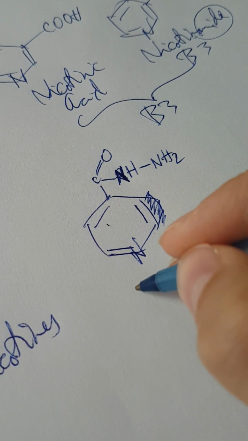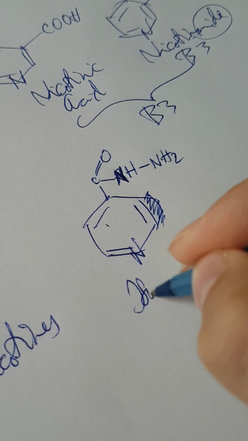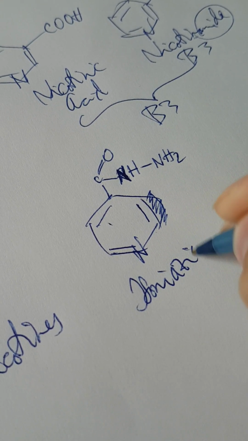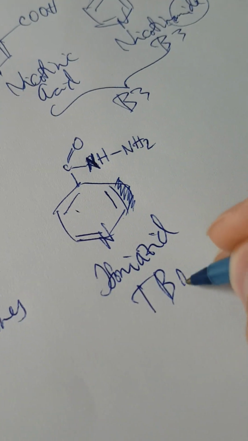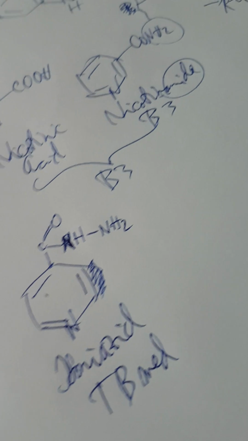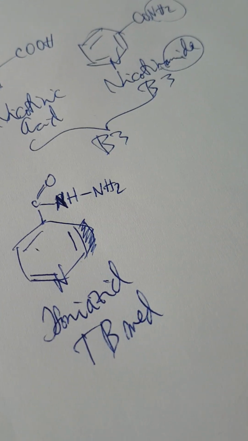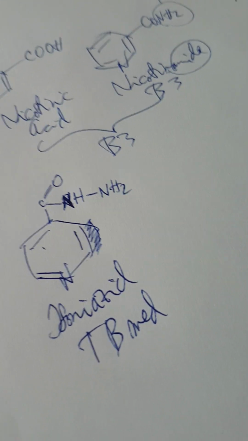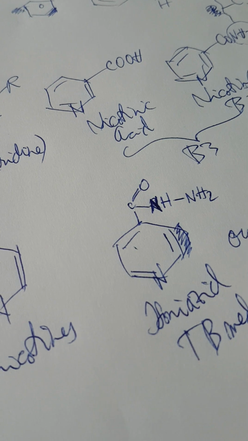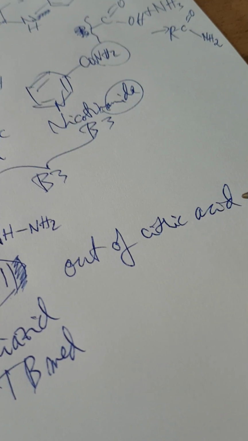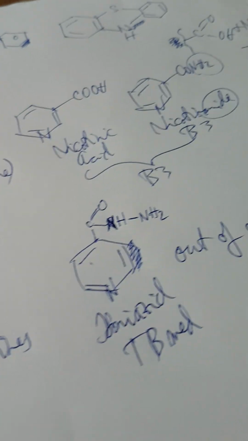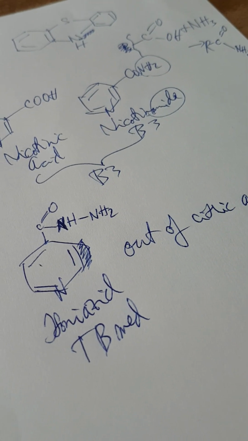So this is isoniazid, and it's an important TB med, but there's polyresistance and everything going on, and there are a lot of considerations, and you can get it out of citric acid, which I like as a method, but I will not talk about it now.